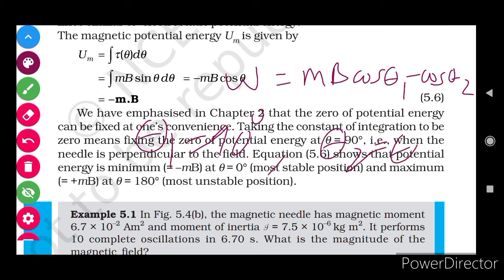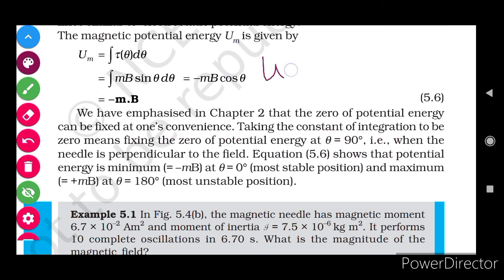We obtain W, the work done, which is the potential energy of the dipole, U is equal to minus mB cos theta, because cos 90 is 0 and theta 2 is theta.